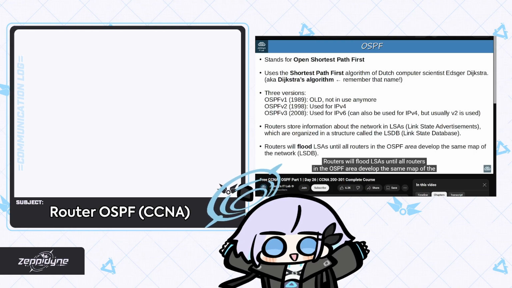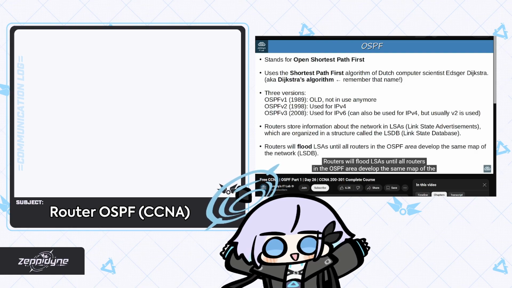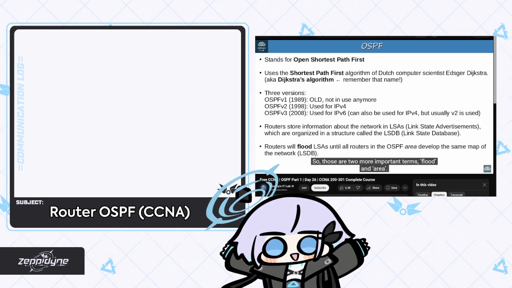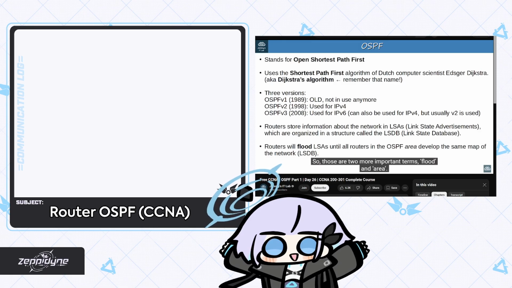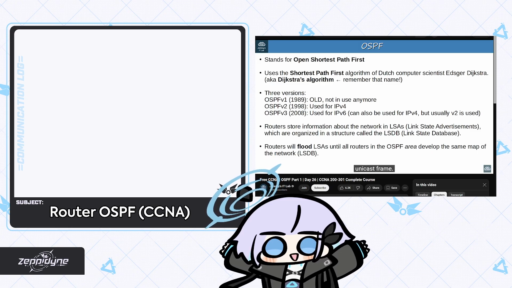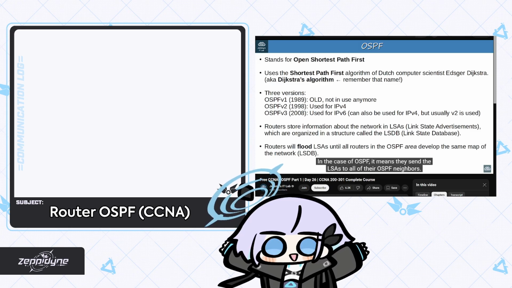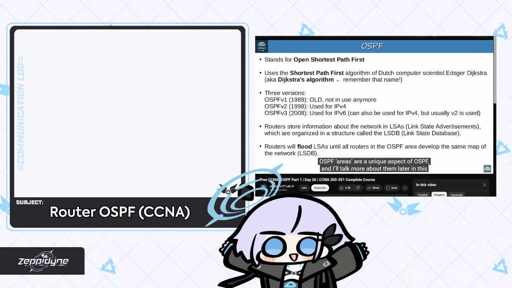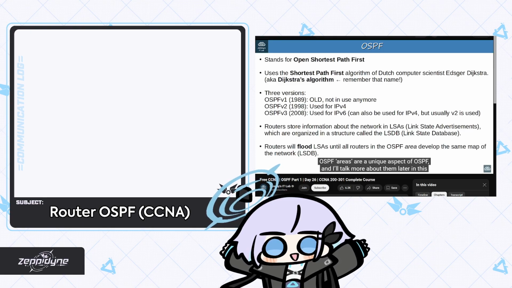Routers will flood LSAs until all routers in the OSPF area develop the same map of the network, meaning the same LSDB. So those are 2 more important terms, flood and area. We already know the term flood. Switches do it when they receive a broadcast or unknown unicast frame. In the case of OSPF, it means they send the LSAs to all of their OSPF neighbors. OSPF areas are a unique aspect of OSPF, and I'll talk more about them later in this video.